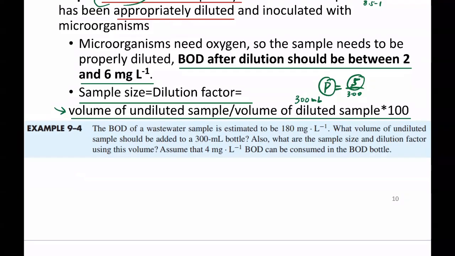So because of that, this dilution factor or the sample size, basically the volume of undiluted sample divided by the volume of the diluted sample, is going to be 0.5 or 50%, okay? So then if you know the BOD for the diluted sample, then the undiluted sample is going to have a higher BOD. So you're going to multiply that by 2 to get 10 milligram per liter, all right?